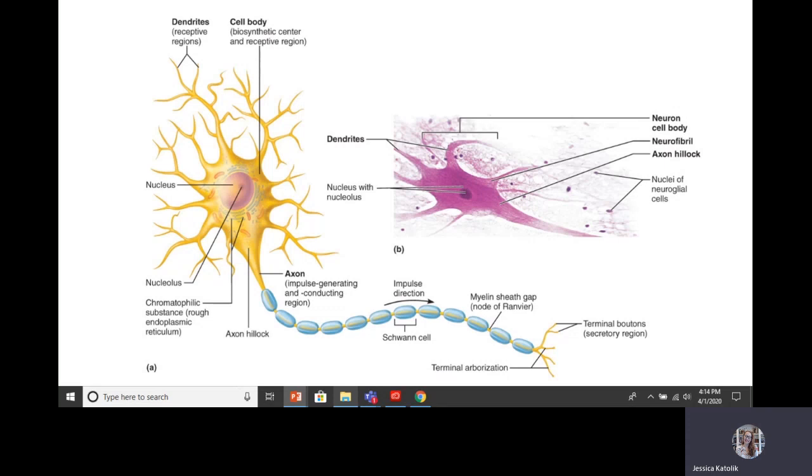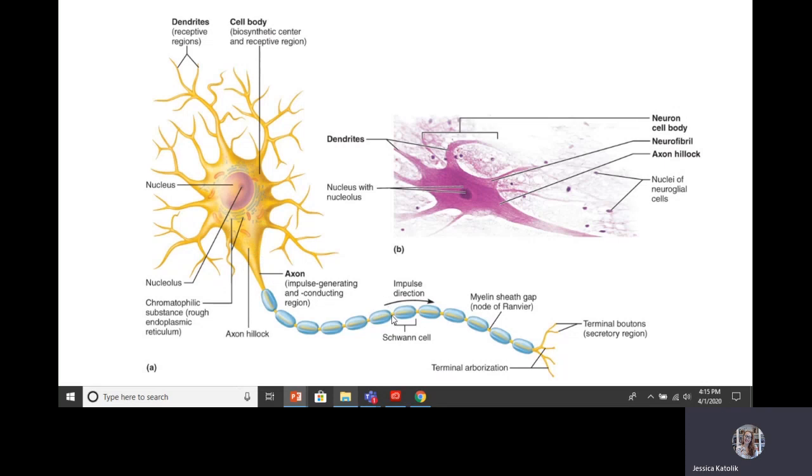So just to review quickly, we have the dendrites located here, which would receive signals. We have the cell body here, which would receive signals as well and contain the organelles. We have the axon that would propagate the action potential, with the axon hillock generating that action potential.